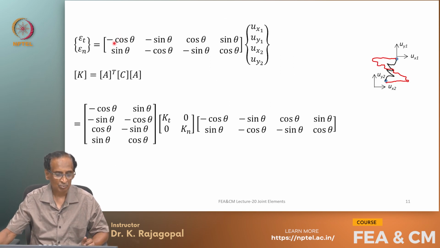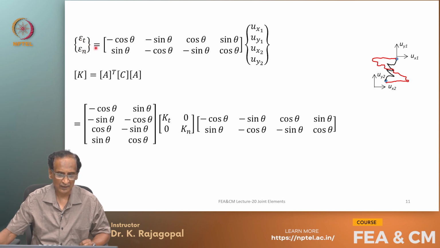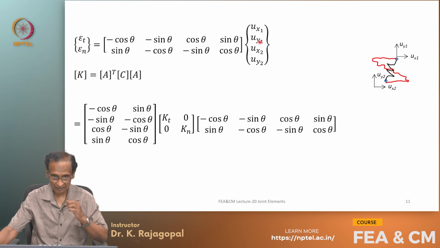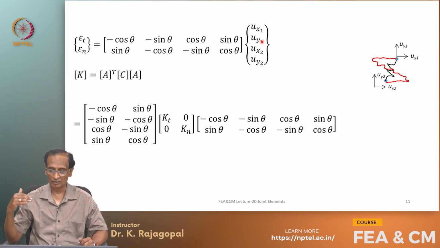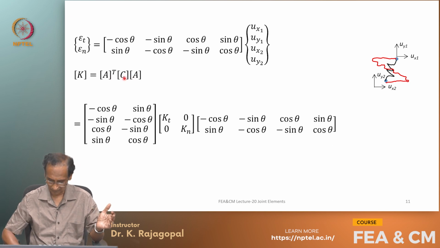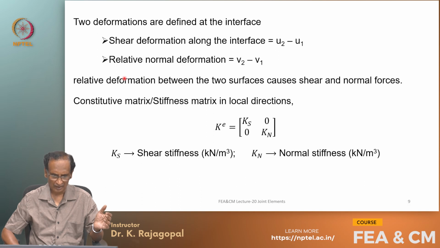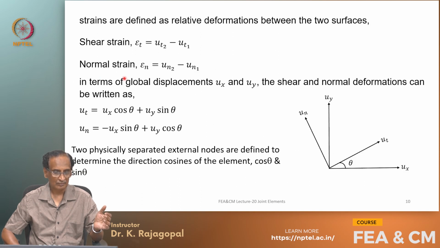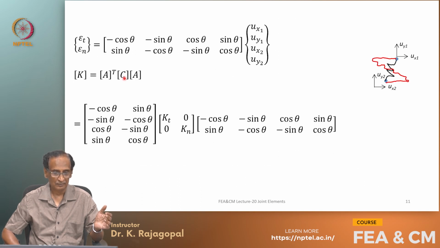And our epsilon t and epsilon n, the shear strain and the normal strain, can be obtained in terms of the Cartesian displacements at the two nodes 2 and 1, like this. And then we can get our global stiffness matrix as A transpose C A, where C is our Ks and Kn, the constitutive matrix.